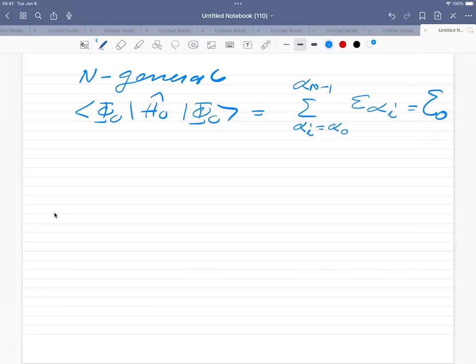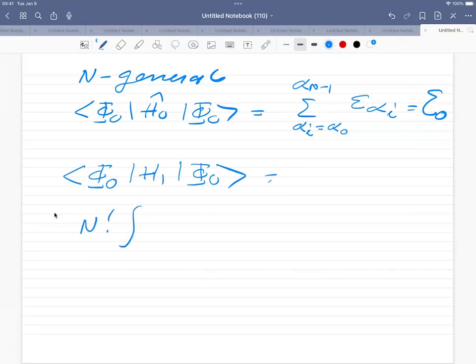So the other thing which we started doing yesterday was to calculate the expectation value. And I just gave you the answer. So let's now see how we get that expectation value. And we wrote this out in a more compact way. So we had n factorial, and then we had d tau, which is now the multidimensional integration element.